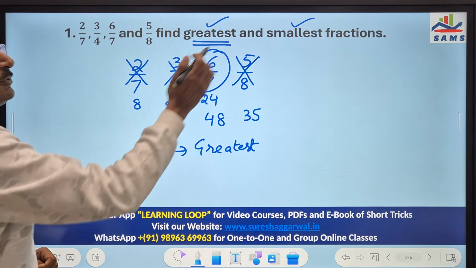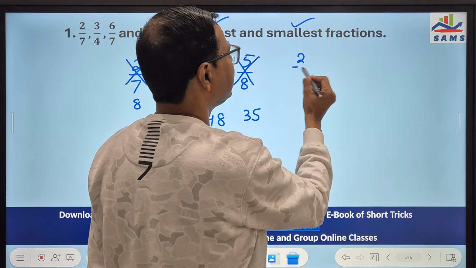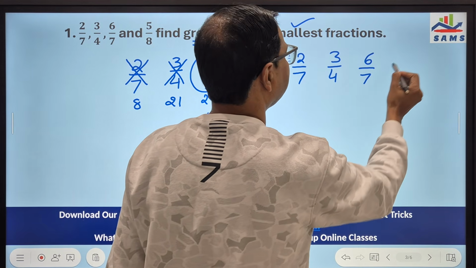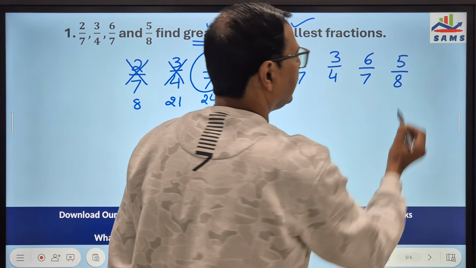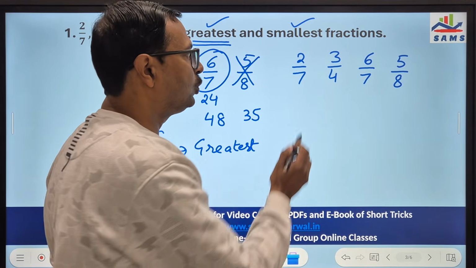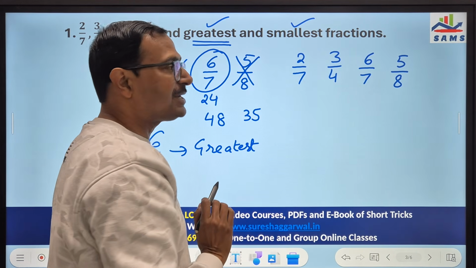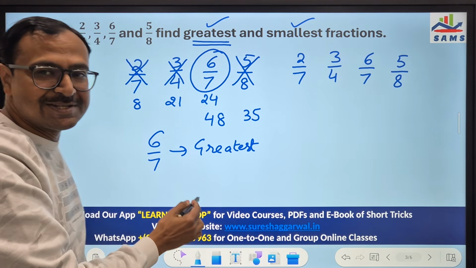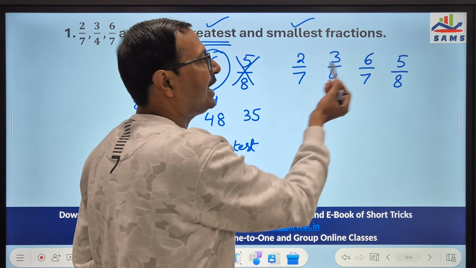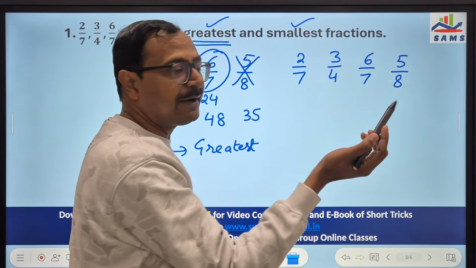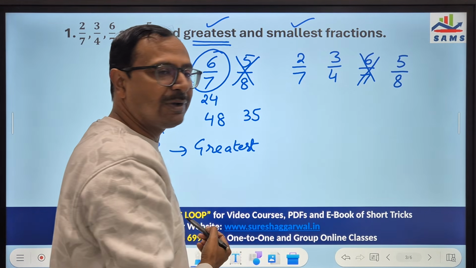Likewise, if I have to find the smallest, now 2 by 7, 3 by 4, the same four fractions, 6 by 7 and 5 by 8. Now two of these have the same denominator, 7. So obviously 6 by 7 is greater, you can compare 2 by 7 and 6 by 7 verbally, so this is automatically cancelled out.